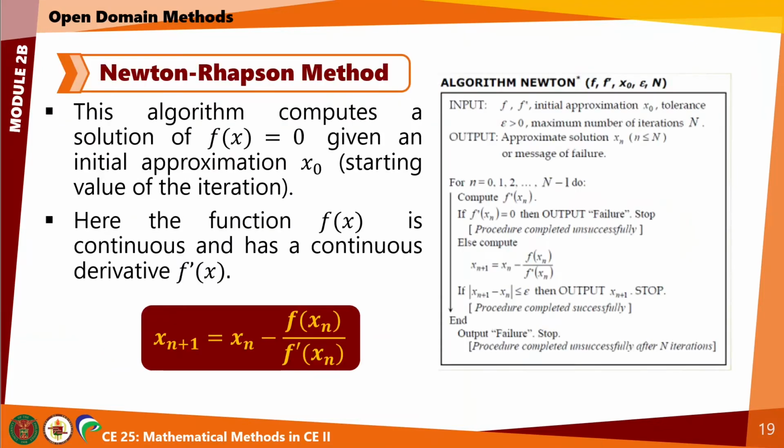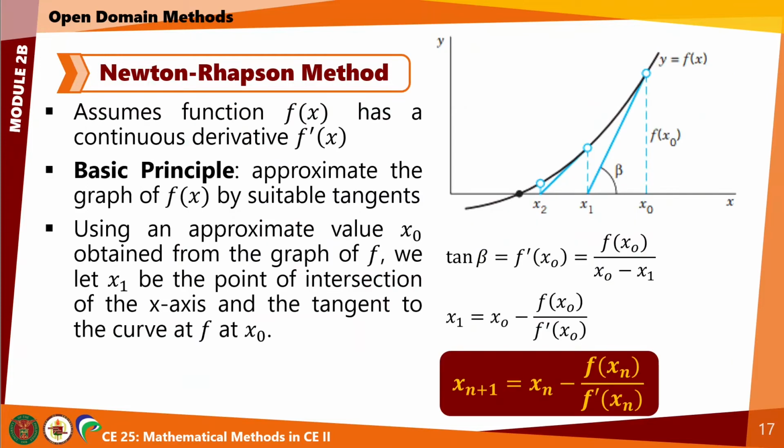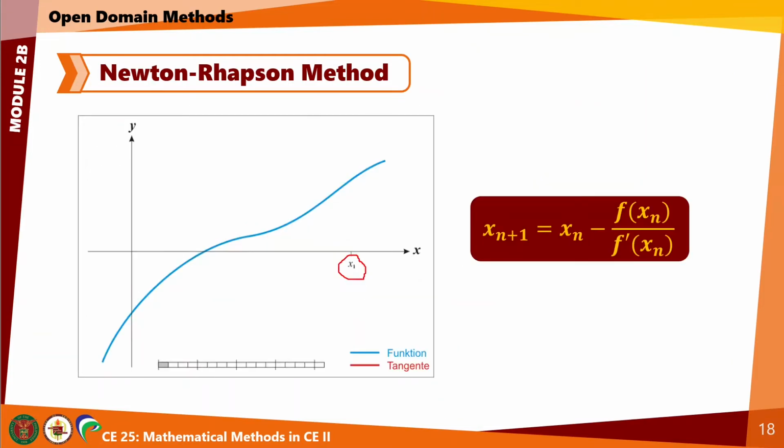Okay, so may initial guess, kukunin niyo yung function value, then slope niya, kung saan nag-intersect, kukunin niyo ulit yung slope, kung saan i-intersect next, kukunin niyo ulit yung function value niya sa point na yun, and so on and so forth.